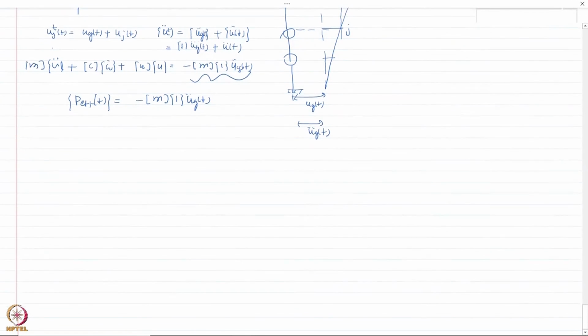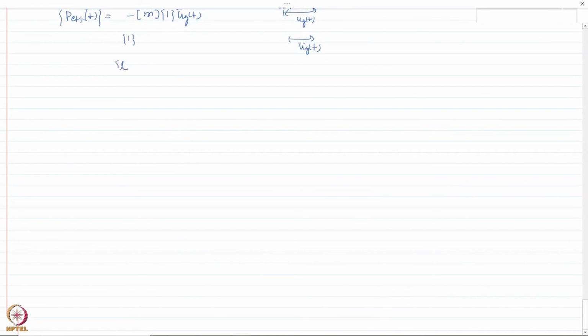In that case, this quantity that I get here, the unity vector, might not actually be unity. Then we represent it as an influence vector, which is denoted as L, and which basically represents the relationship between the direction of the ground motion and the direction of the degrees of freedom. I'll give you some examples to show what I mean by that.